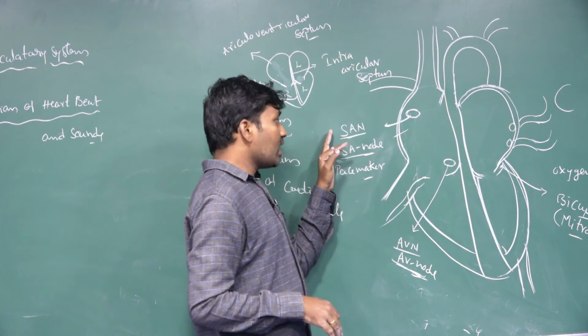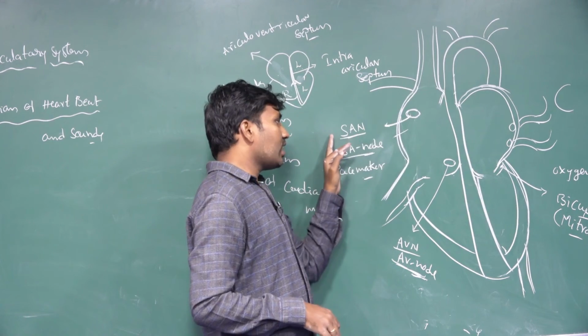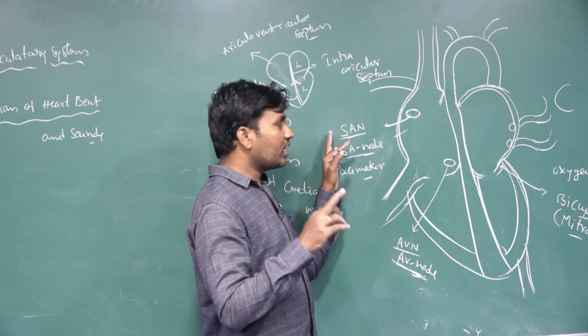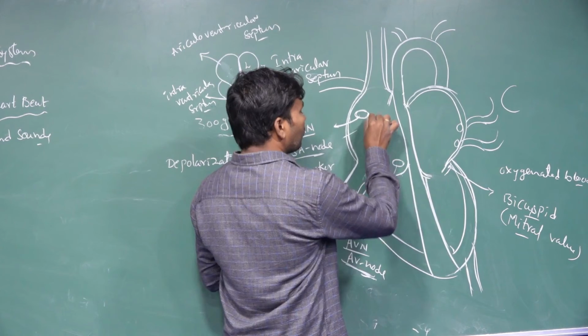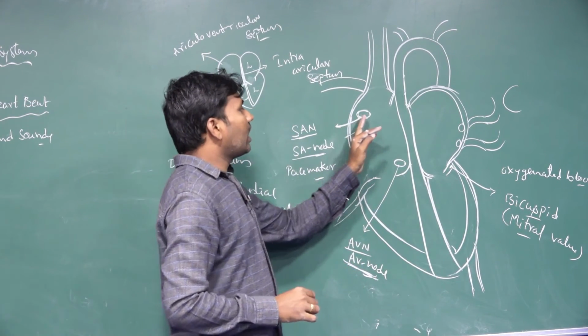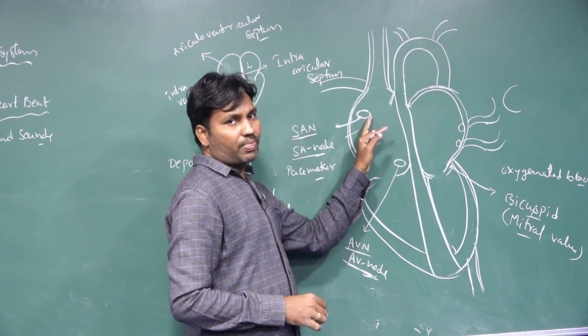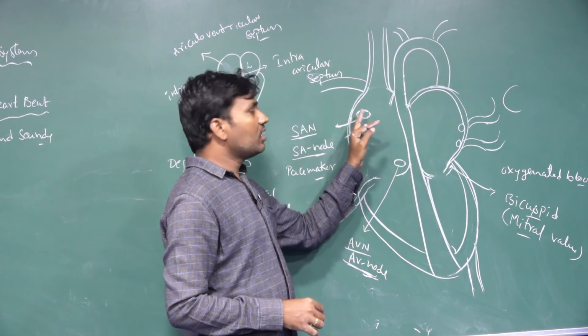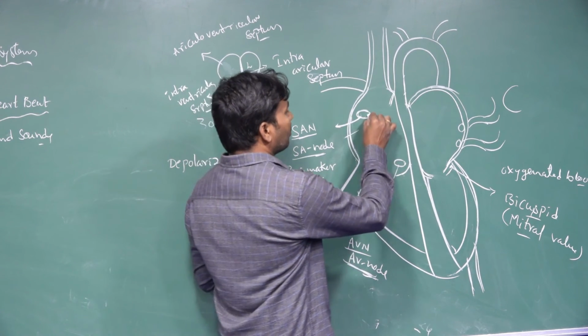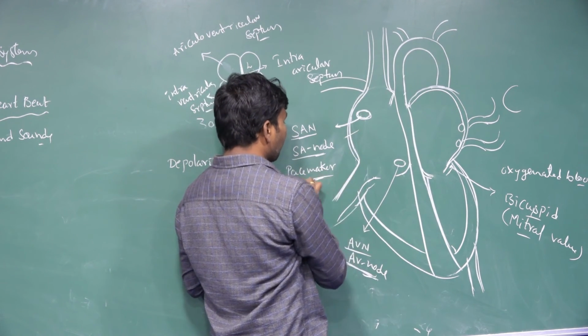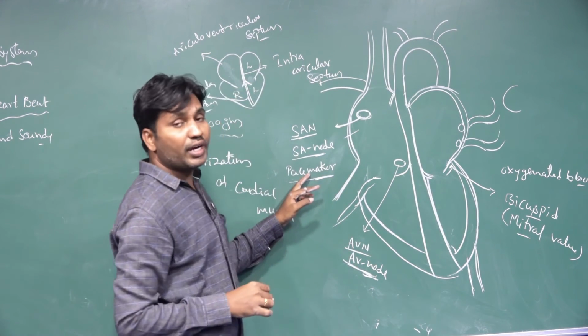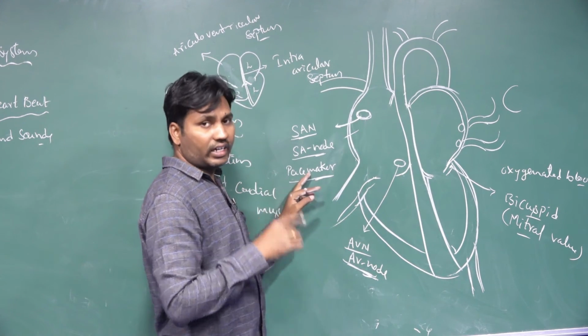So the cells of the SA node first start depolarization. Once it starts, the electric current passes, the waves pass. By that way, the SA node acts as a pacemaker, initiating the electrical conductivity.